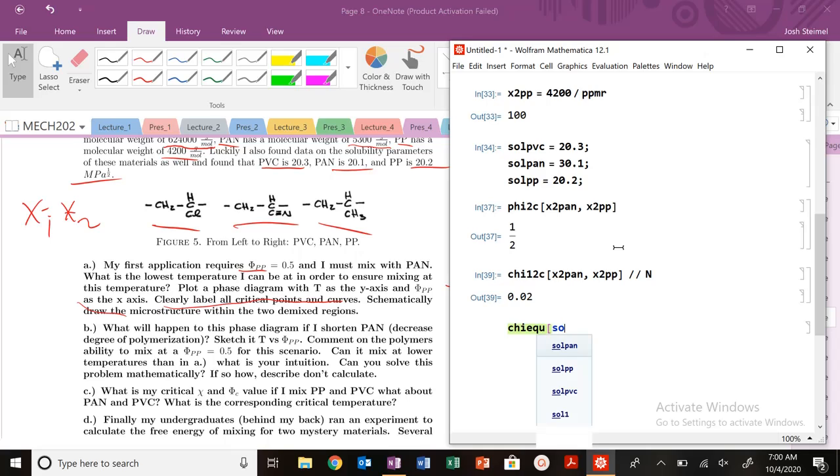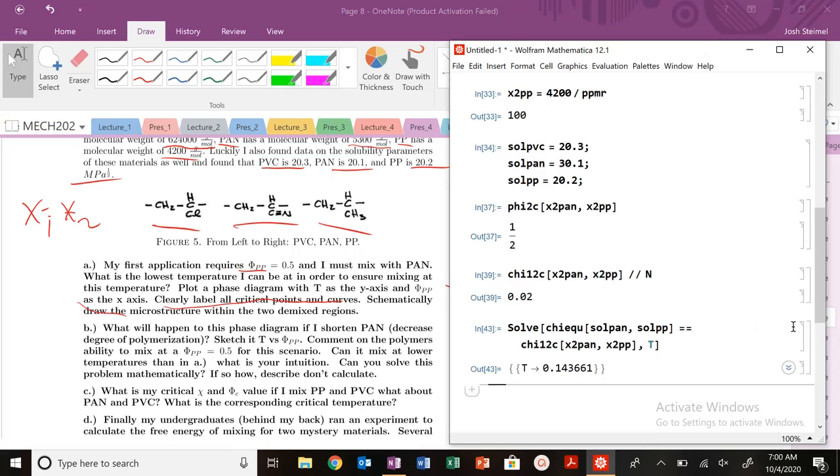So the solubility parameter for PAN, the one for PP, and then I'm going to solve for when this is equal to this value here, my critical chi parameter, and solve for temperature. So pretty low temperature. So we could work with that expression, 2 over 100, and you'll get essentially the solution that you're working with. And let's double check that.